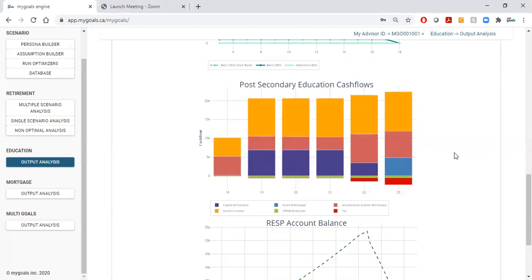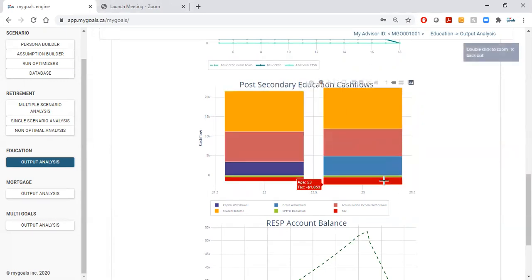Now our RESP optimizers calculate all sources of income, all taxes, and we take into account which withdrawals from the RESP account are taxable. The capital withdrawal is not, but the grant and the accumulated income are. So if we zoom in a little bit, you can see towards the end, there's quite a bit of tax paid.